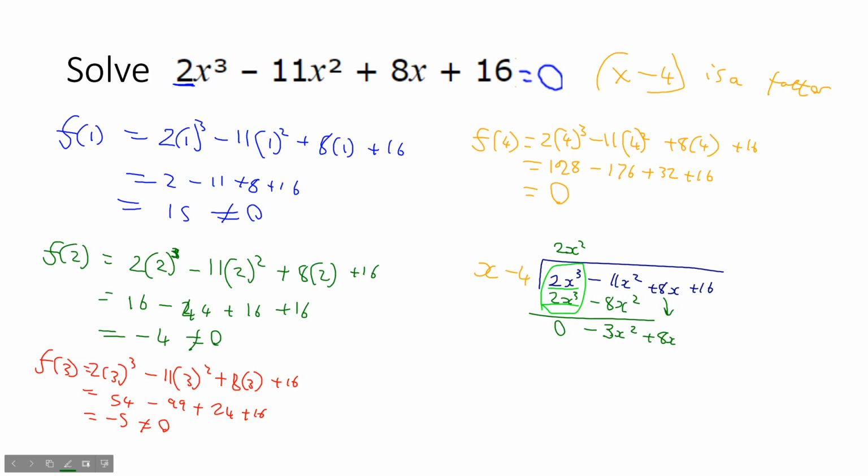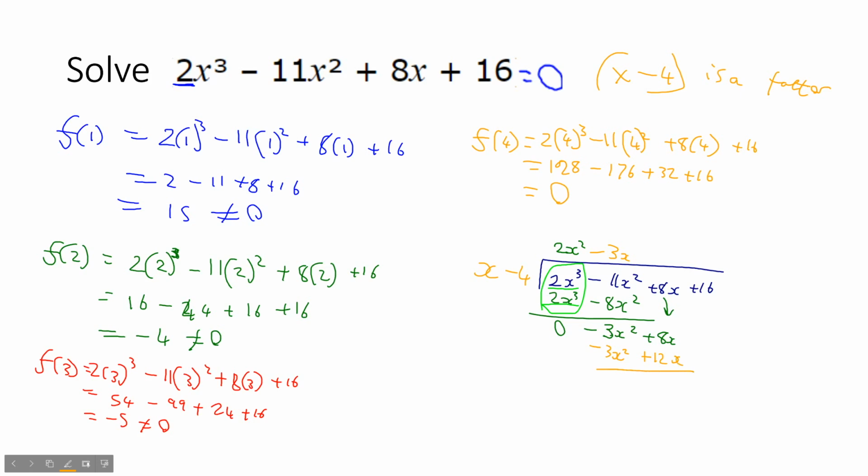Then put this 8x down. How many times does x minus 4 go into minus 3x squared? That's just going to be minus 3x. Okay? So then minus 3x times x minus 4 is just going to be minus 3x squared plus 12x.